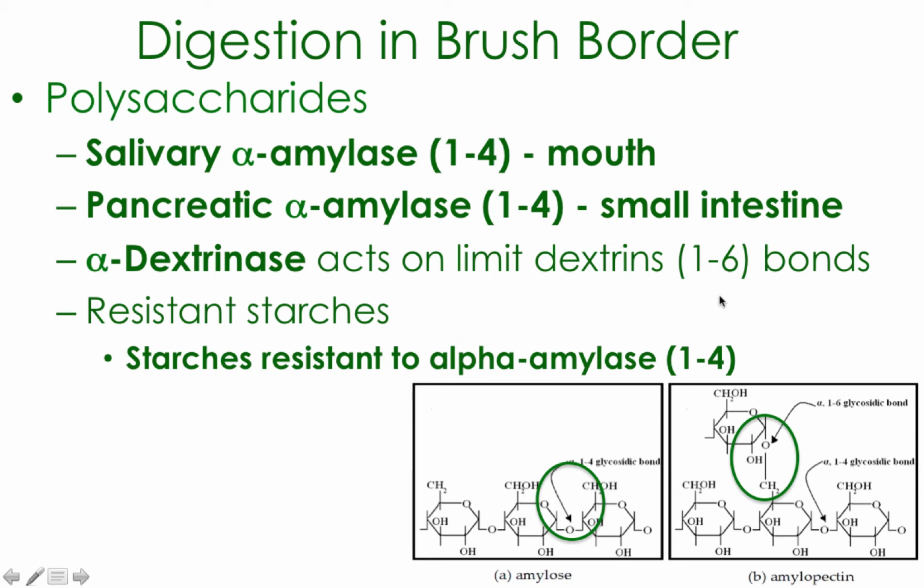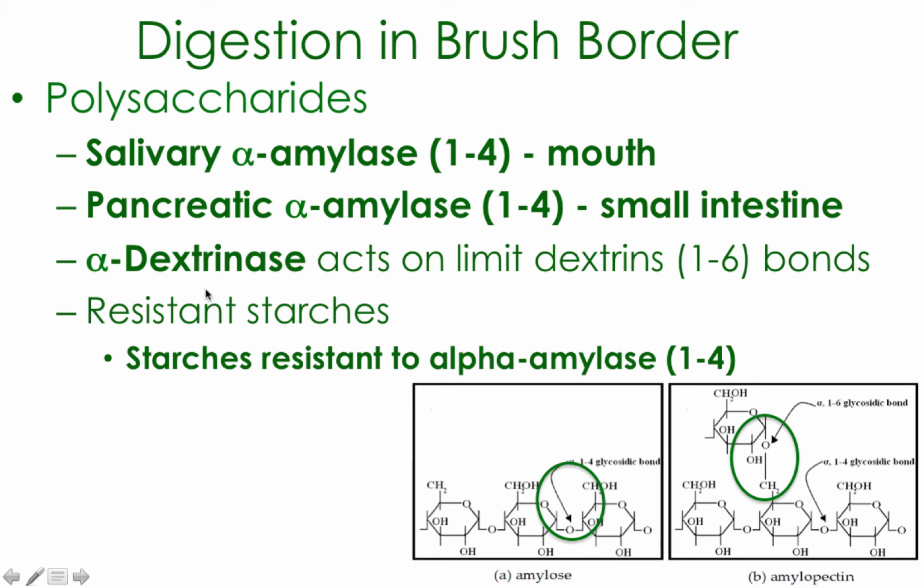Okay. For digesting these, we need what's called dextrinase, or it's called isomaltase. Actually, this enzyme would digest both 1,4 linkages as well as 1,6s, but of most interest is its digestion of 1,6 linkages of limit dextrins.